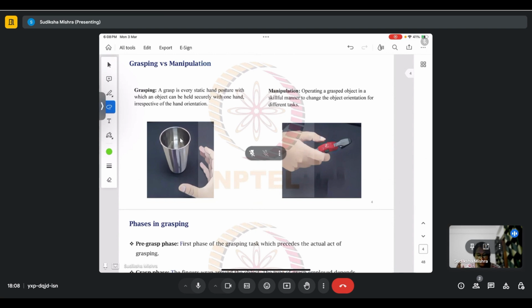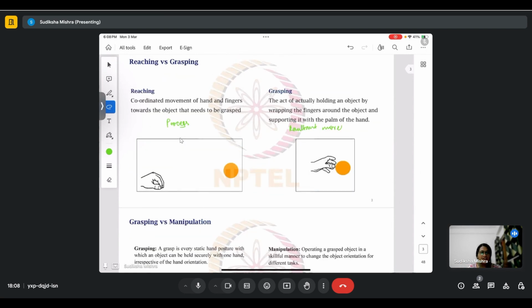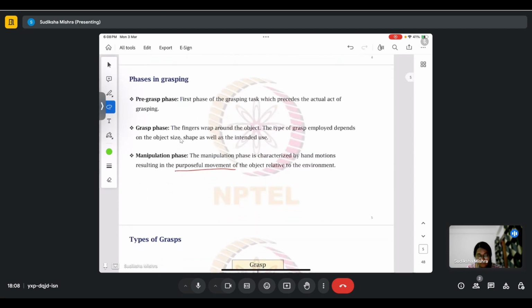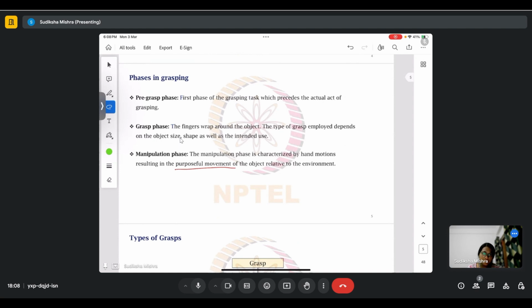So if you need to write with a pen, the first movement is reaching, where you reach towards the object, then grasping, where you actually hold the object, versus manipulation, where you make orientation changes in your arm or in your palm, so that you can use the particular object that you have grasped in your hand. So manipulation is more of a dynamic process than grasping, which is a static problem.